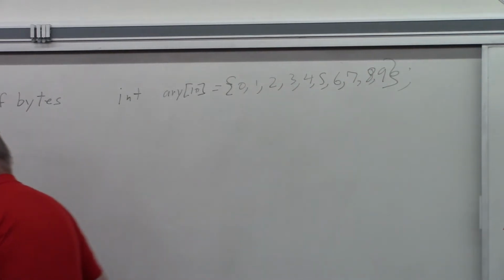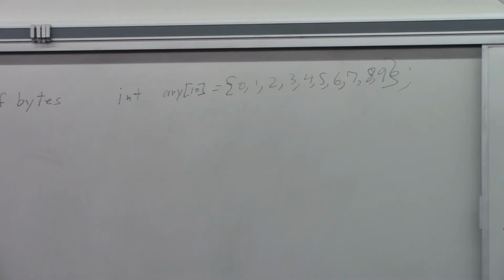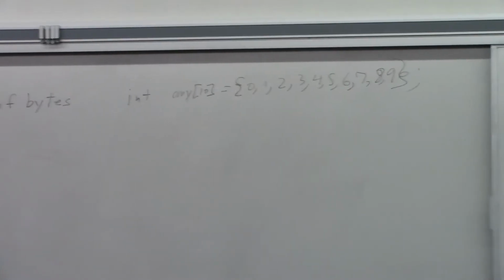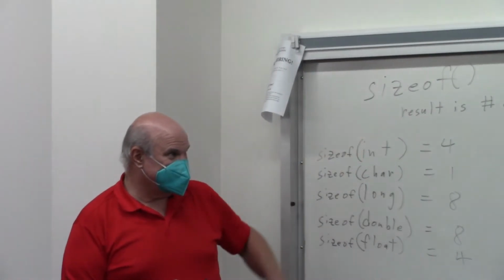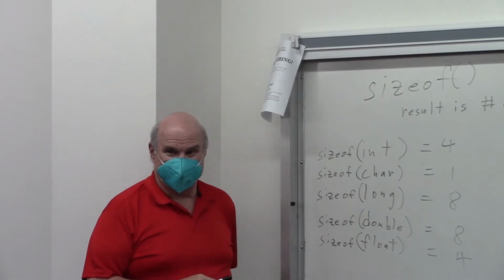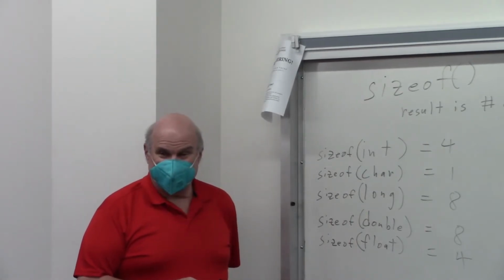We haven't talked about initializers, but that would initialize the values in that array to 0 through 9. You don't need the initializer, it's not relevant, because no matter how much you initialize it with, that array is going to be 10 integers wide.